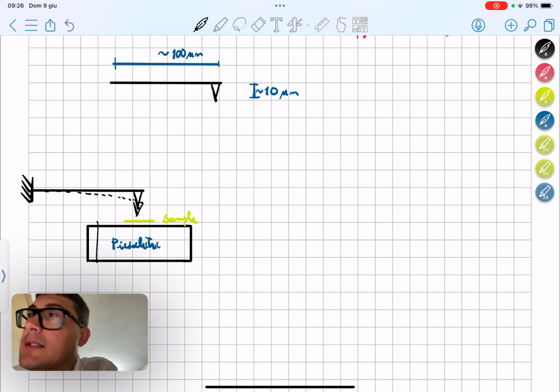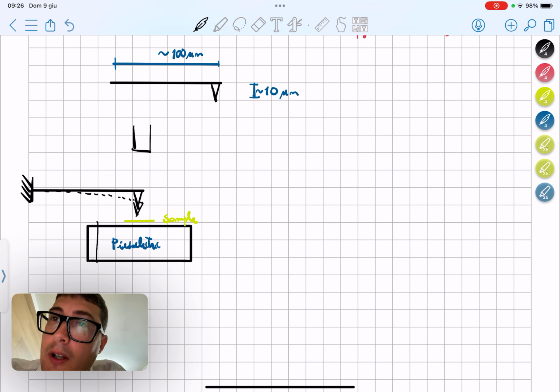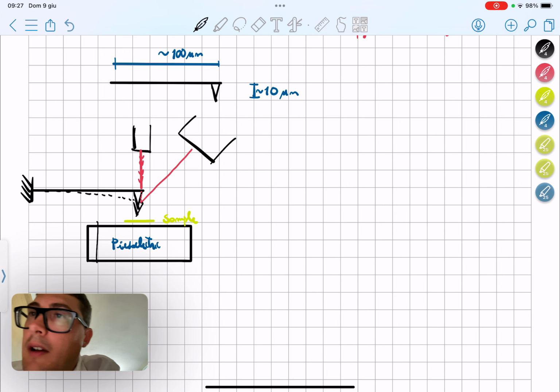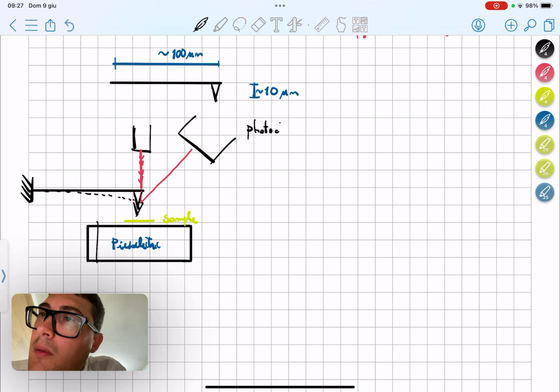What is important for us now is that there is a laser beam pointing directly on top of the cantilever, and the laser beam will be deflected if the cantilever is bending. It will be deflected by a certain angle and hit a detector, a photodiode detector, which is this one.